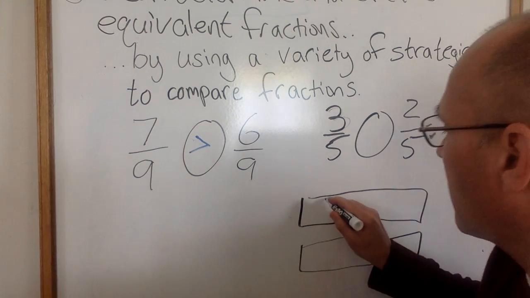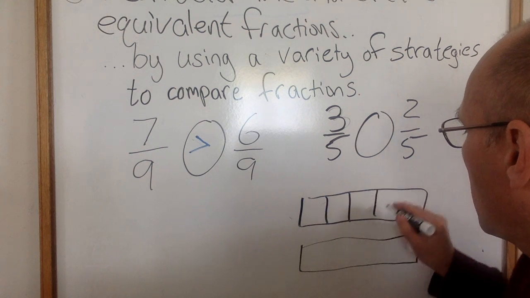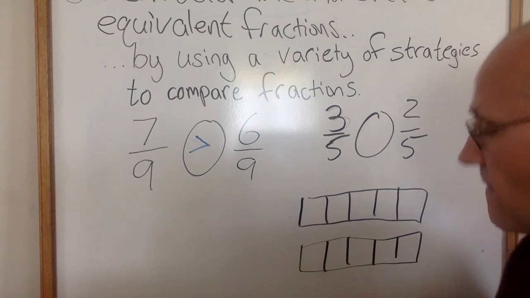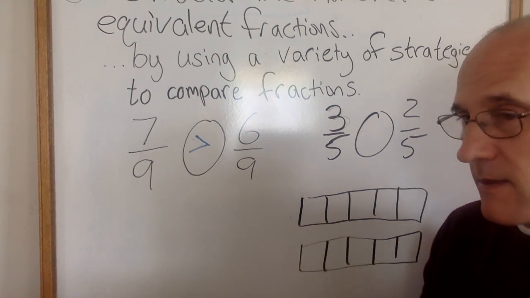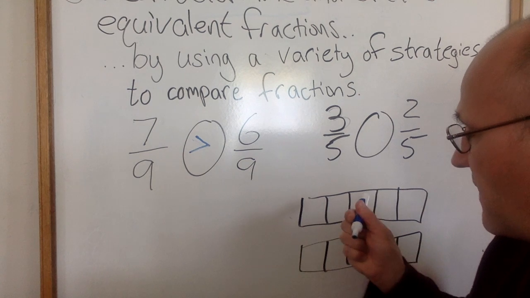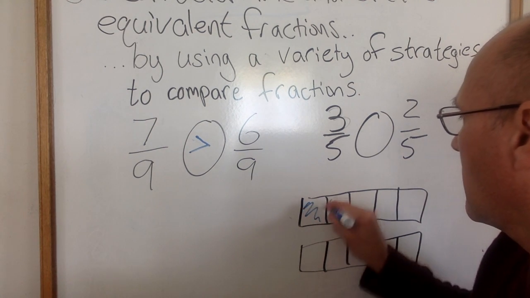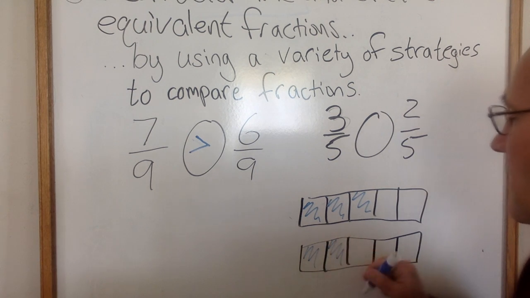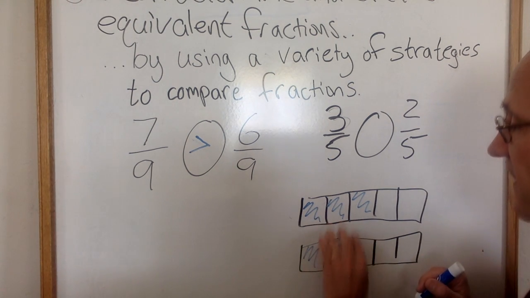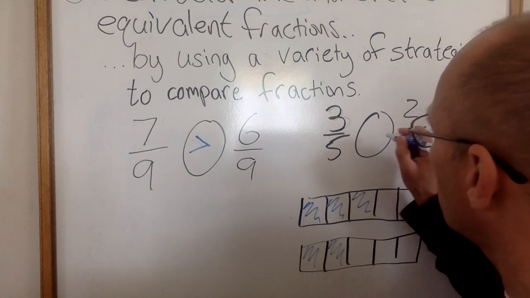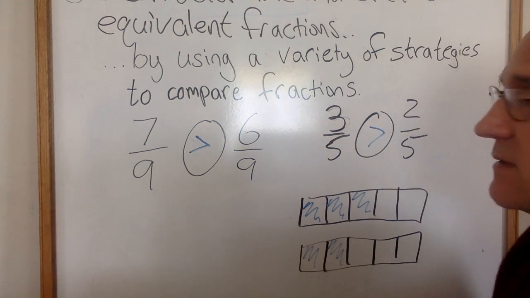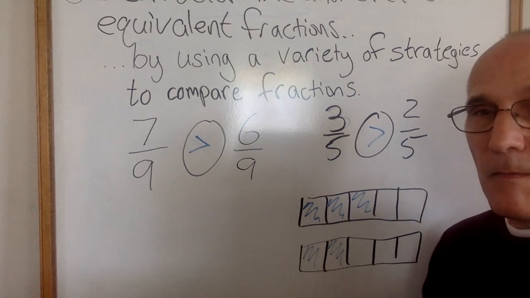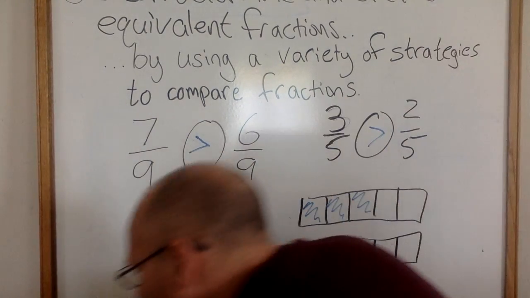We have a common denominator. But we have 3/5 and 2/5. Well, in my bars, I can see 3/5 is greater than 2/5. I guess I shouldn't have done them both to be greater than. I should have done one less than. But, yeah, why don't we just do one more?